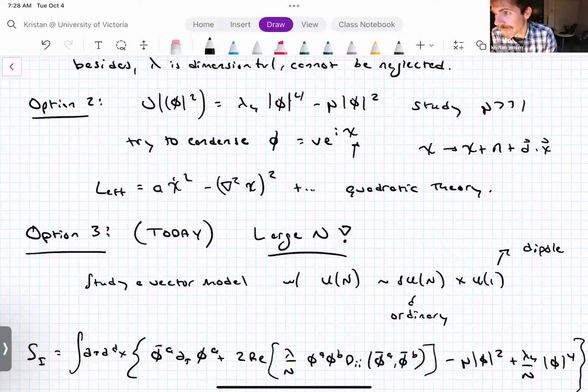Okay, so in a proper treatment of phonons, in the theory of solids, the relevant degrees of freedom are displacements of the constituents of the lattice from their equilibrium positions, a vector u.